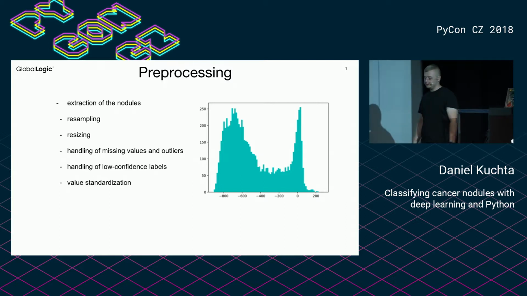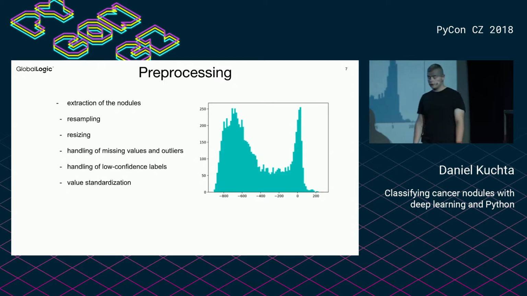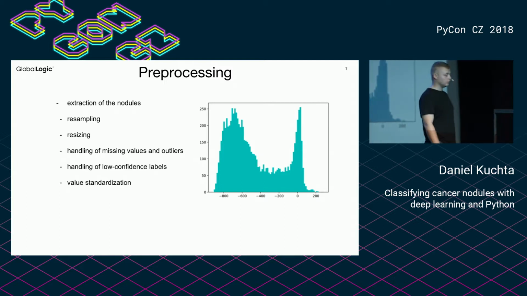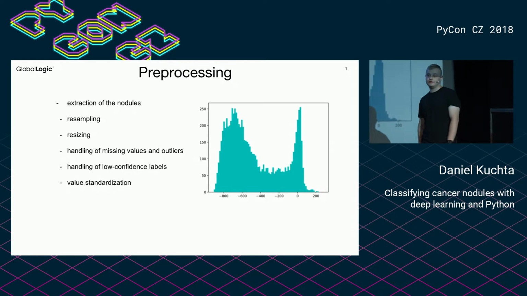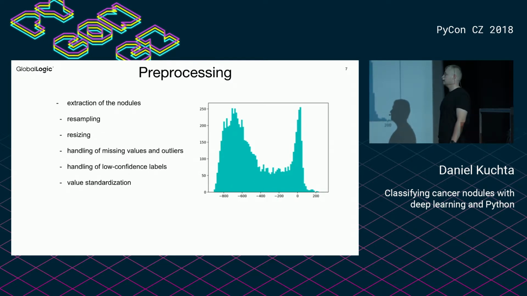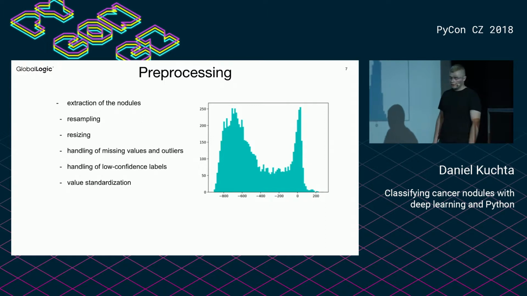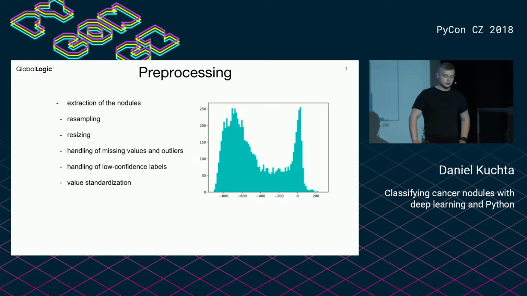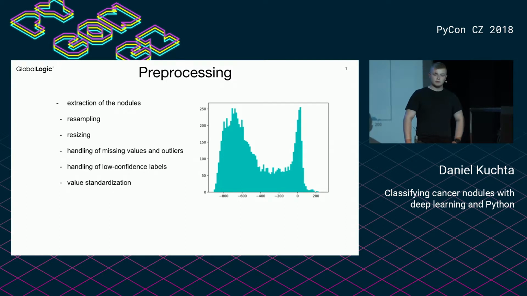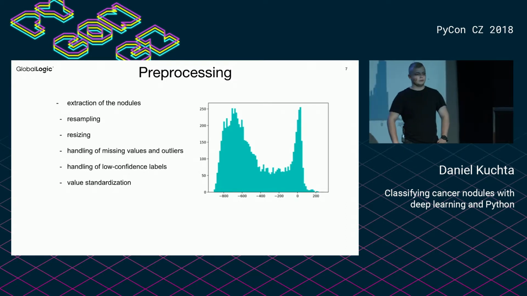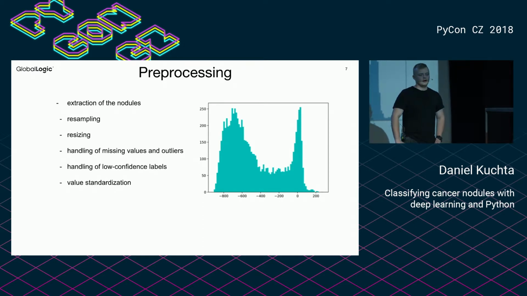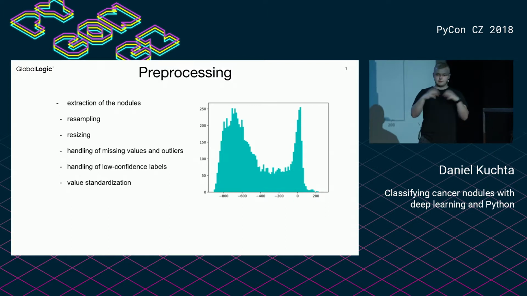Okay, so once we had the nodules extracted and we had our own solution to extract the nodules ourselves, we then had to resample and resize the nodules. By resampling I mean that not all of the CT scans came from the same CT machine with the same settings. So we had to put all of the nodules into this shared universal shape.